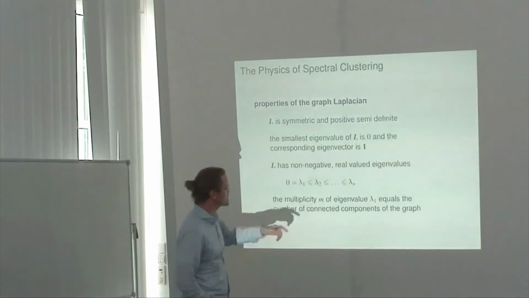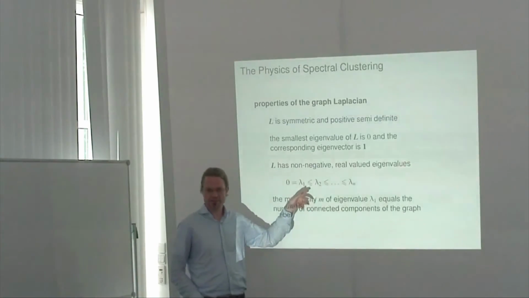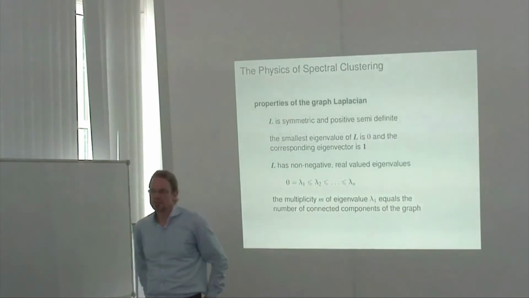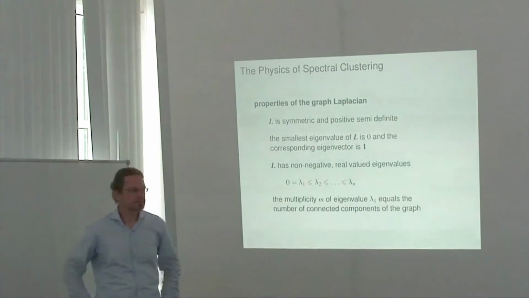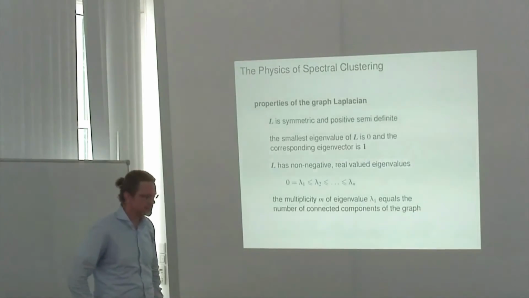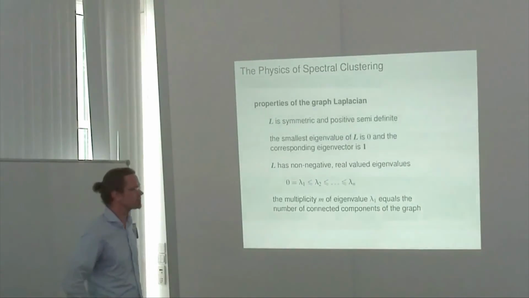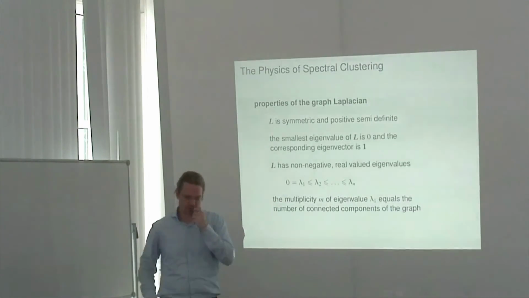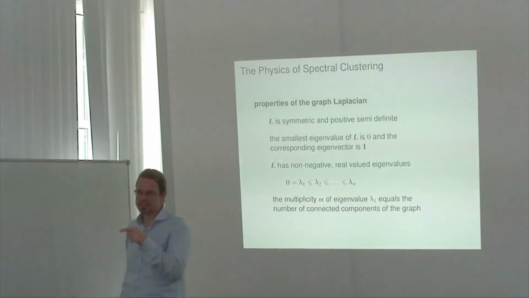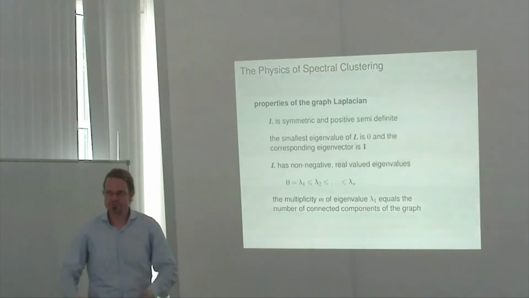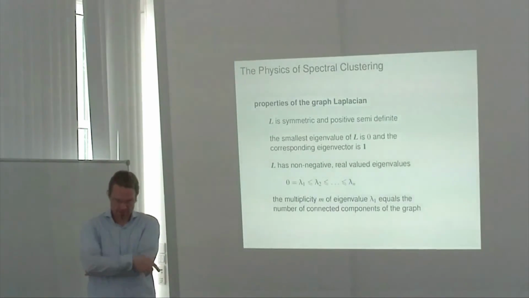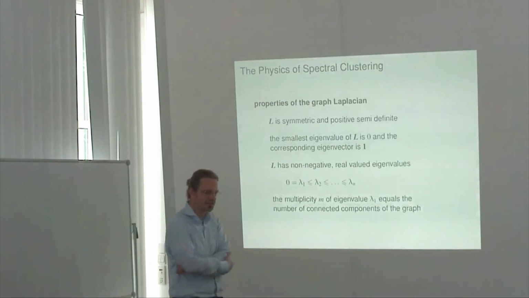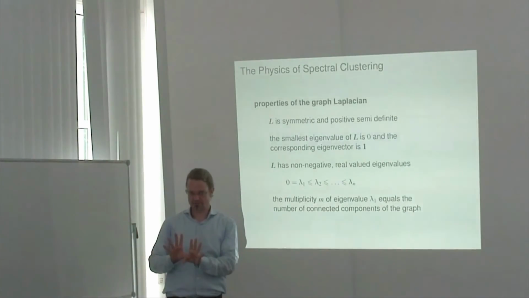That is to say, the second smallest eigenvalue does not necessarily have to be the second number in this ordered set of numbers, but it is always meant to be the first number greater than 0. Sometimes there are several zeros here, and whenever we find that, we know for sure that the graph we are dealing with is not a connected graph.